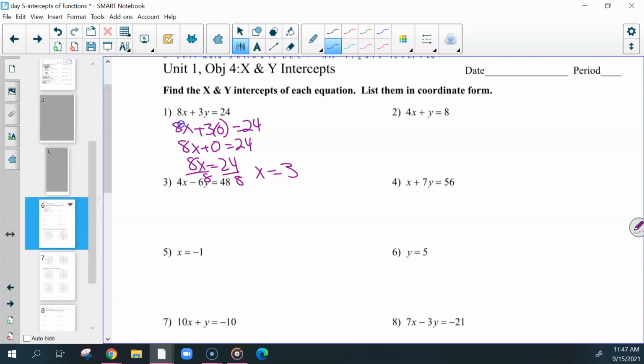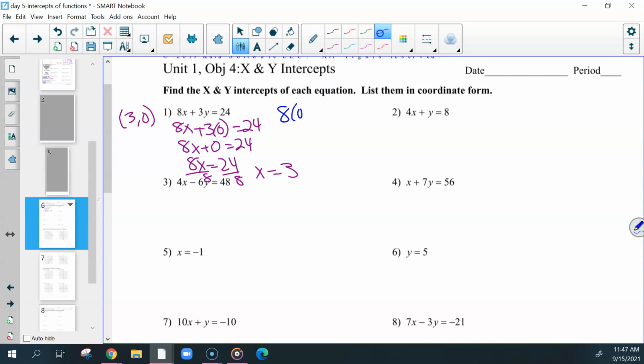So anytime you put 0 in, one of the terms is going to disappear, and you're just going to be left with whatever term you're looking for and whatever the answer is. And then you can put that in an ordered pair.